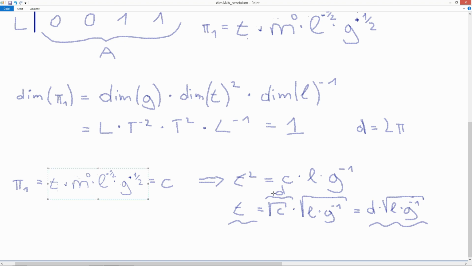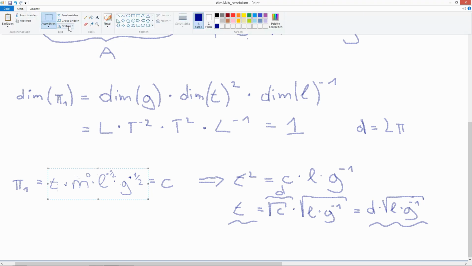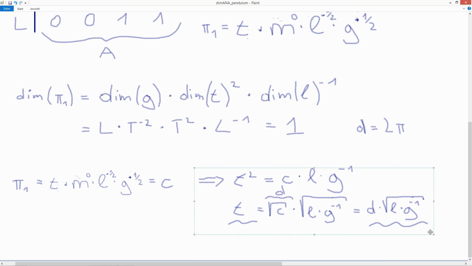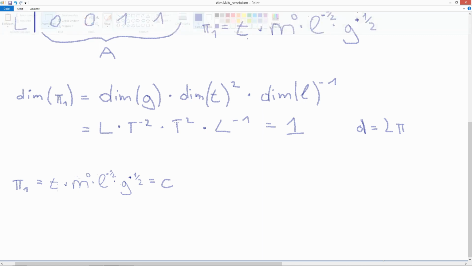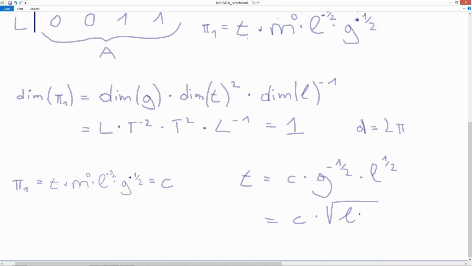Okay, and now we can solve for t and get t is equal to c times g to the power of minus 1 half times l to the power of 1 half, and this is equal to c times the square root of l times g to the power of -1.